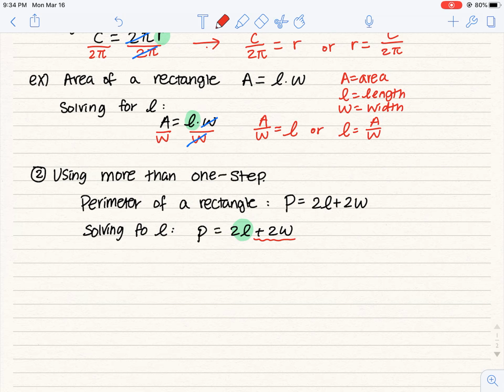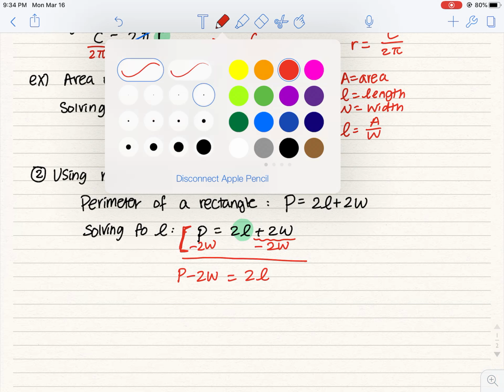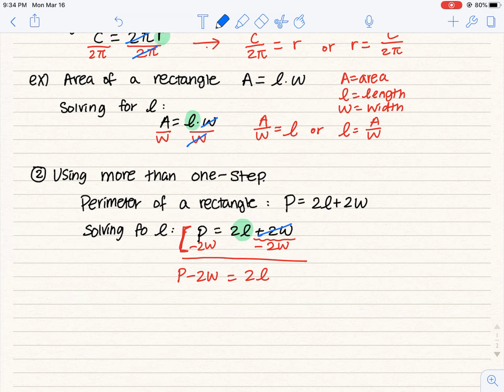I have to do the inverse operation. I'm going to subtract 2W. If I do that, I can't really subtract anything from this section, so I just have to write down P minus 2W equals 2L. And I know that they cancel out.